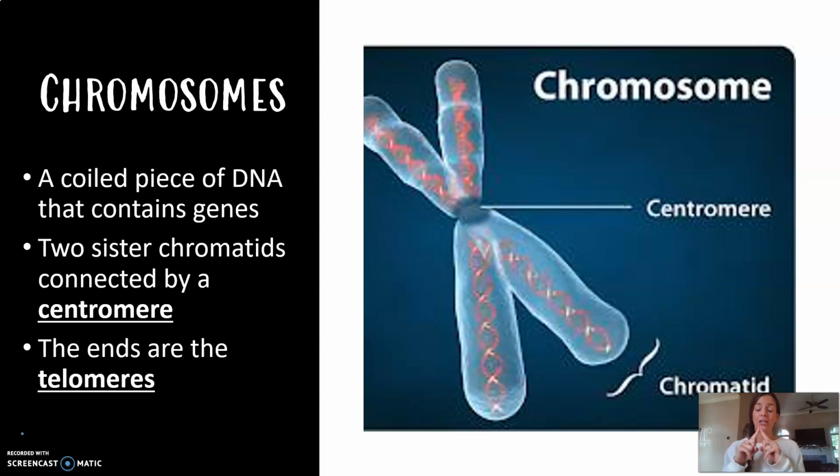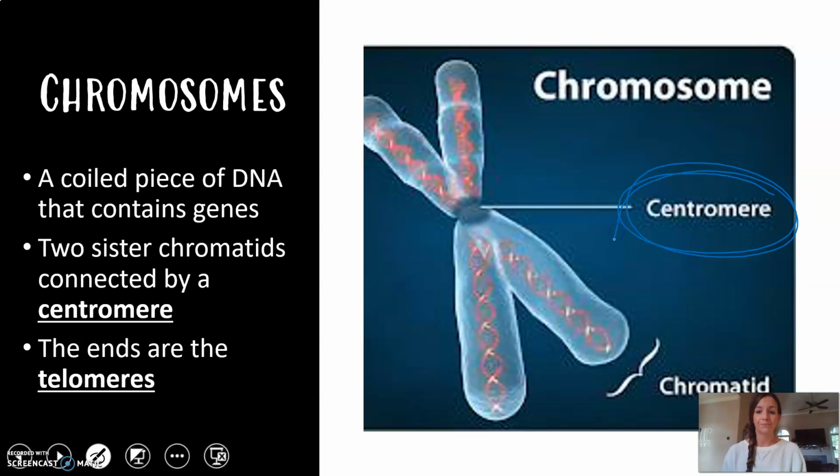But there's two parts that come together to make that X. Each of those parts is a sister chromatid. They connect by something called a centromere. Lots of C words, right? But one that isn't a C word is the telomere. And this is kind of the ends of each of these arms. I'm just going to label it with a T. So there are 4 telomeres on a chromosome.